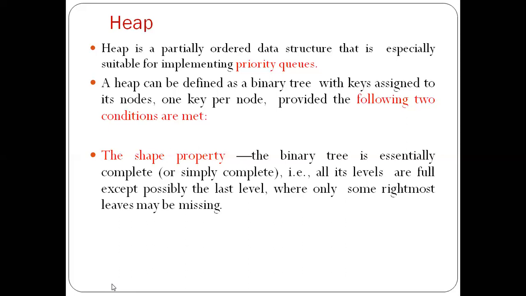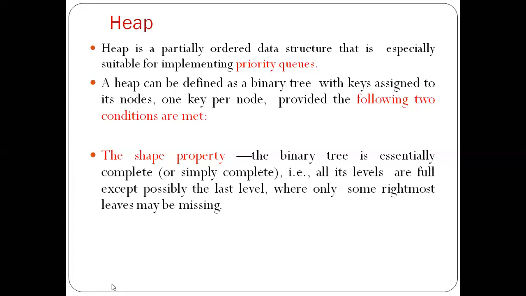In that way, all the parent nodes should have a maximum of 2 children. Except for the last level, all the remaining levels should be completely filled, and in the last level the nodes should be filled from the leftmost side. So that is the shape property.